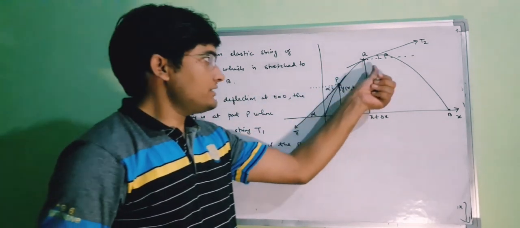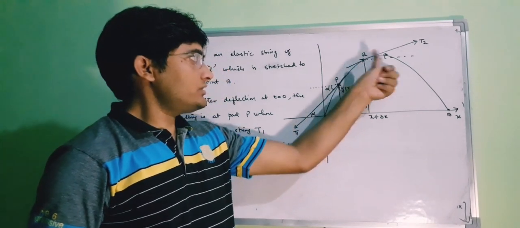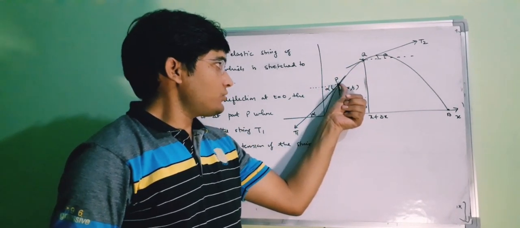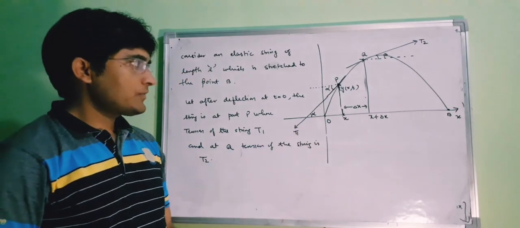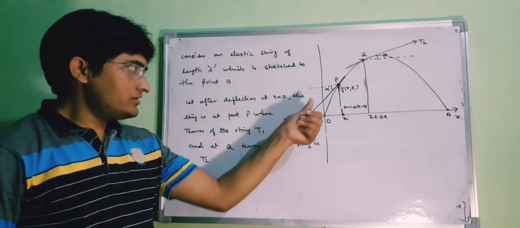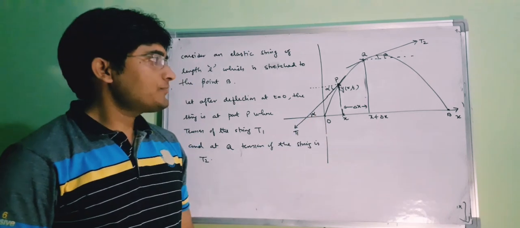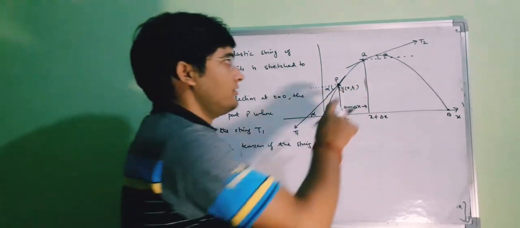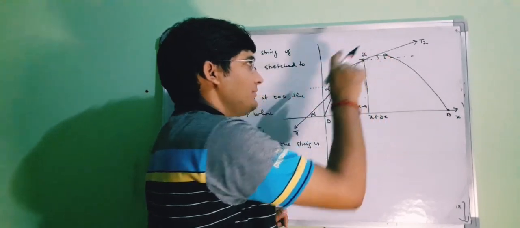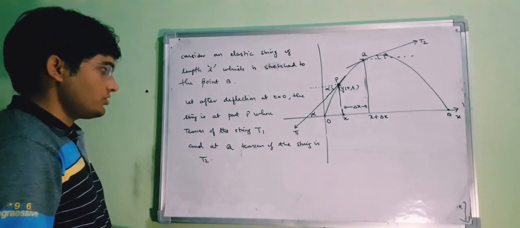Now suppose that the tension of the string at point Q is T2 and the tension at point P is T1, and let us assume that T1 makes an angle alpha with the x-axis, and T2 makes an angle beta with the x-axis.